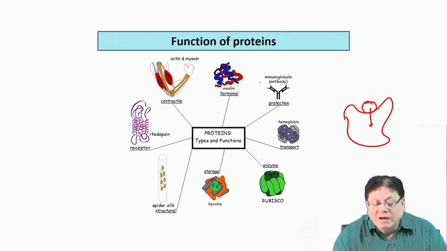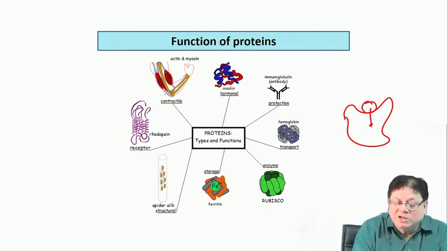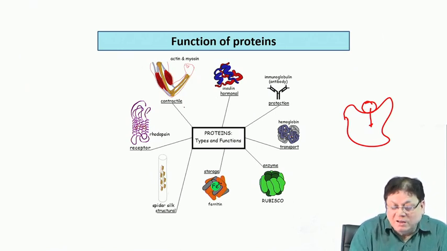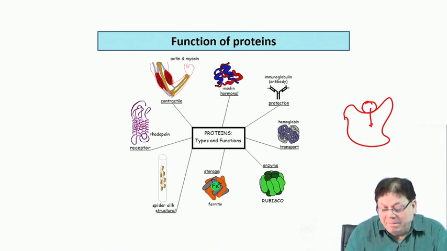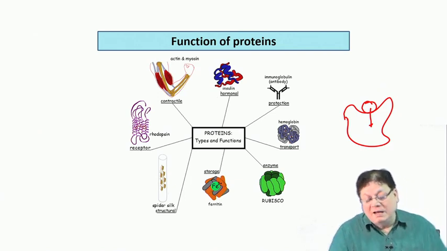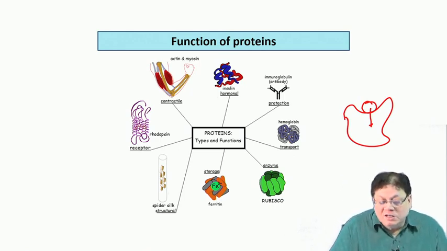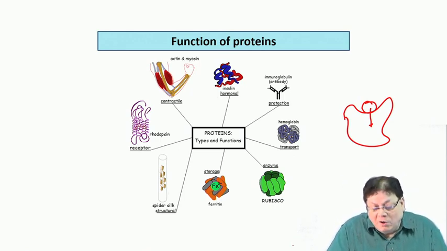Then there are hormones like insulin, which metabolize glucose. So, that is the hormone. They have structural proteins, like collagen in muscles, receptors, storage materials, enzymes and so on.